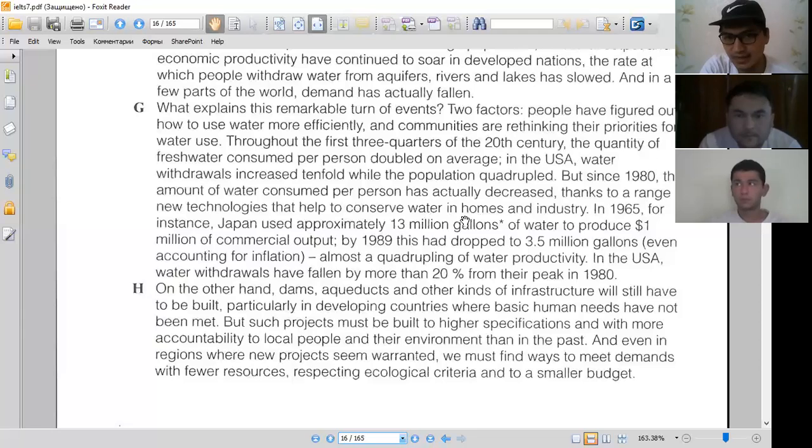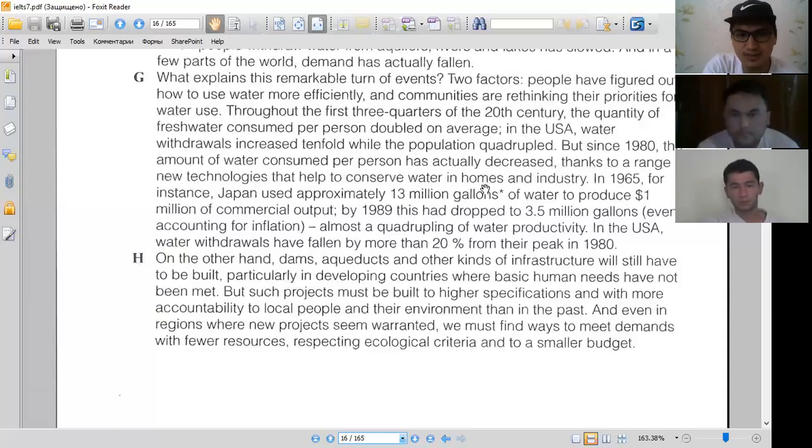Homes, uylarda suvni conserve, nima degani conserve? Saqlab qolishgami? Saqlamoq. Ha, demak, qachon suvni kamroq ishlatsak saqlab qolinadi. Ha, demak, u yerda reduction, ko'rib turibmiz. Decrease it. Tepada ham turibdi mana. Suv talab ancha tushgan. Shuning uchun it is what?